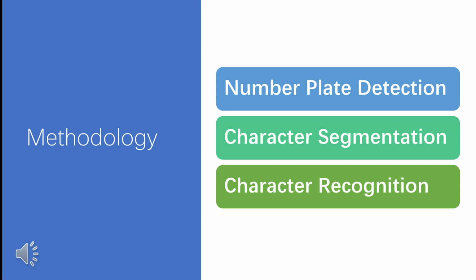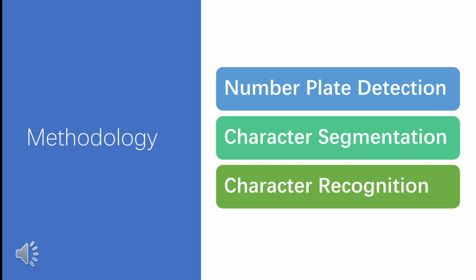There are three steps involved in number plate recognition. The first step is to detect the license plate from the car. We will use the contour option in OpenCV to detect a rectangular object to find the number plate.